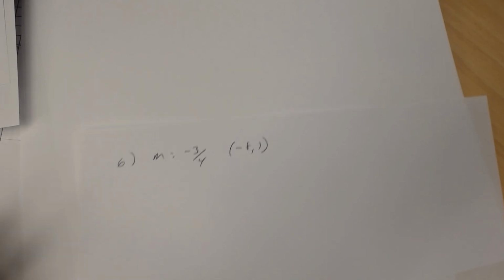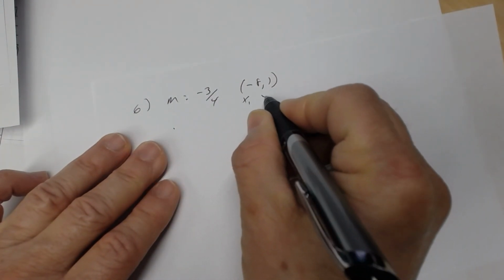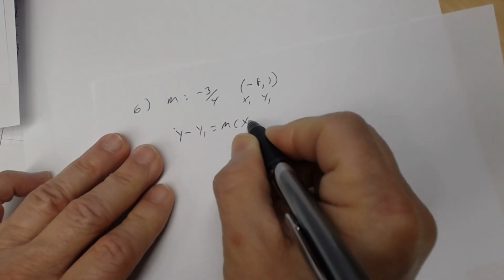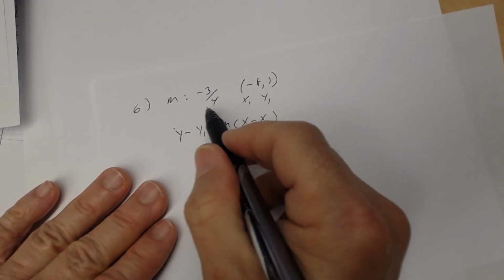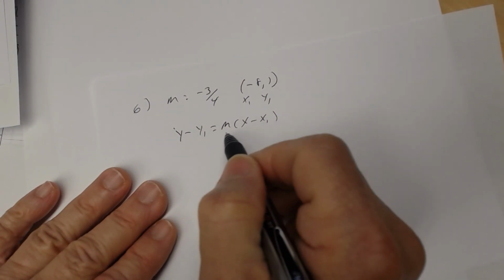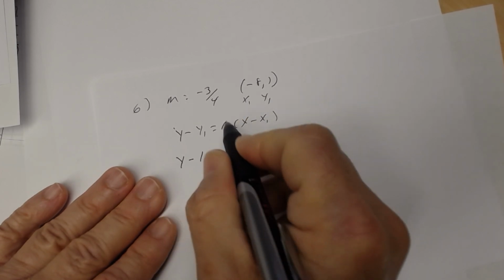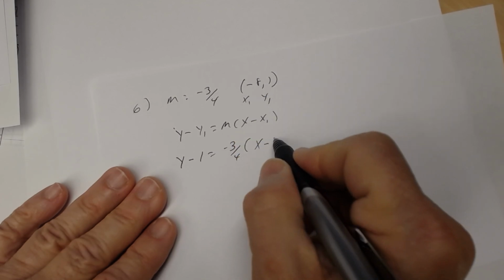So first thing we're going to do is put this in point slope form. So here's your x1, here's your y1. So y minus y1 equals the slope times x minus x1. That's your point slope form. So now we're going to substitute all these values into our unknowns. So we get y minus 1 equals the slope, which is negative 3/4, times x minus a negative 8.